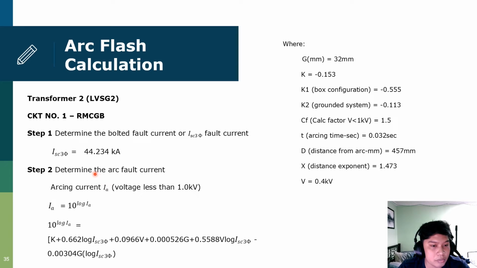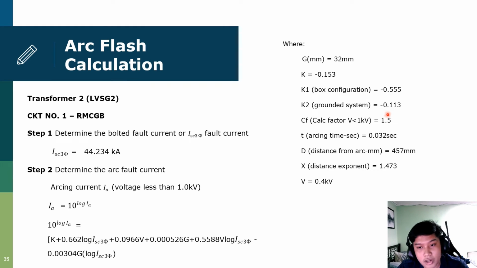In next step, we determine the arc fault current or arcing current. This is the formula to be used. And these are the variables. G in millimeter is 32 millimeter. K equals negative 0.153. K1, negative 0.555. K2, negative 0.113.